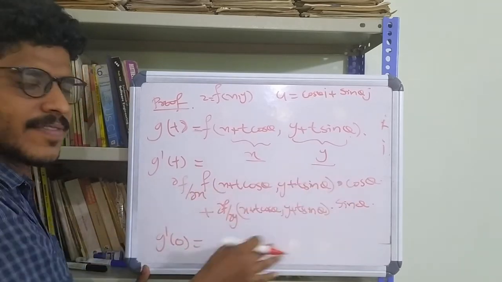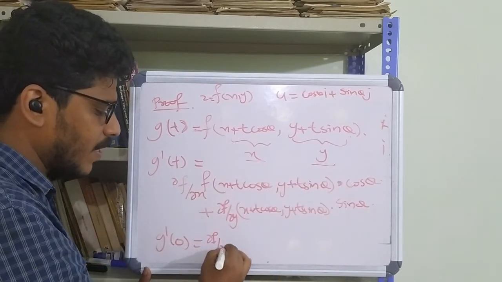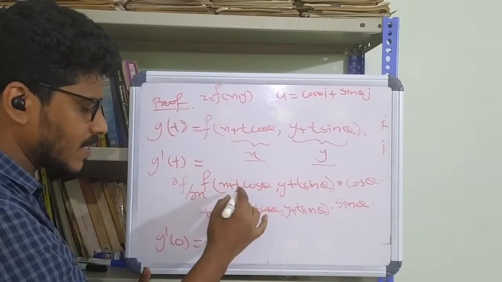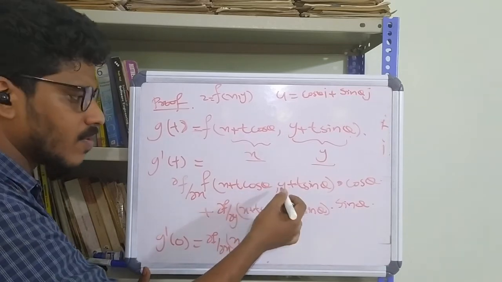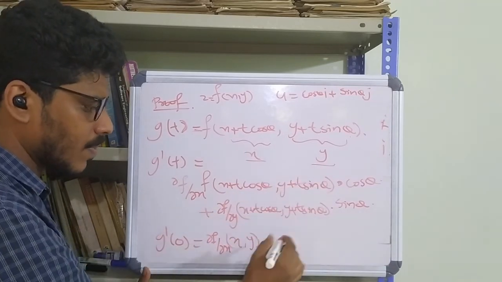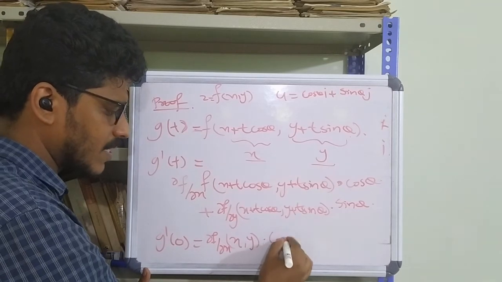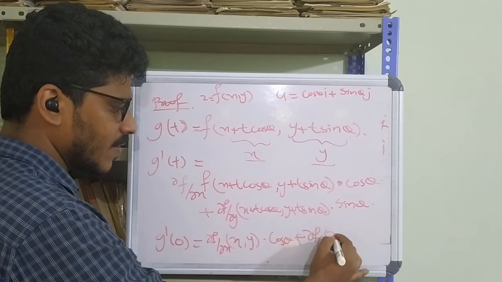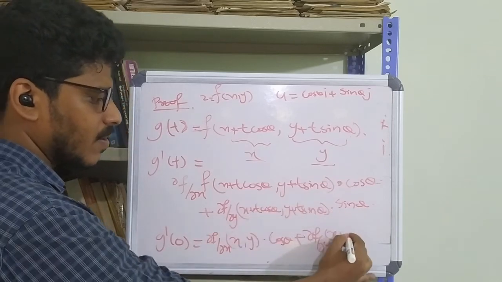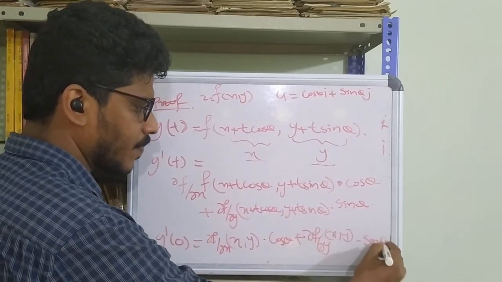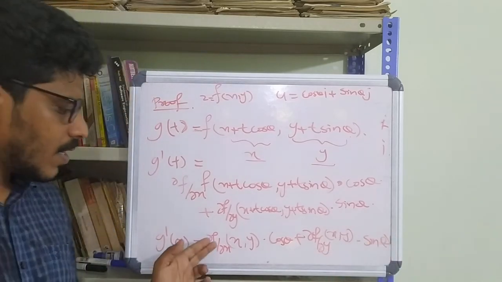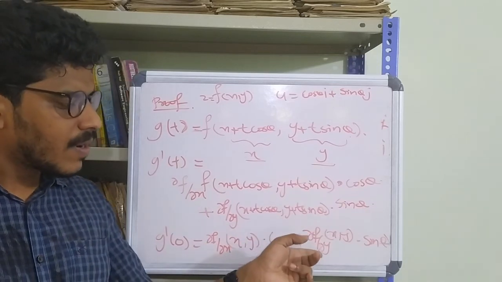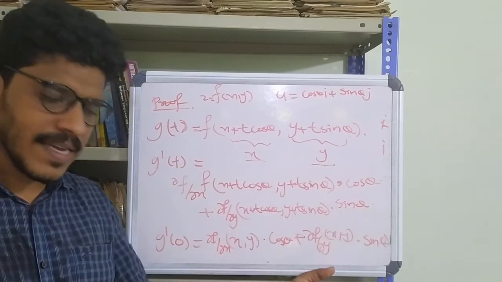Plug t equal to 0 everywhere, which will be dou f by dou x at x plus 0, y plus 0, into cos theta, plus dou f by dou y, x plus 0 and y plus 0, into sin theta. Right. So we got dou f of xy by dou x cos theta plus dou f of xy by dou y sin theta.